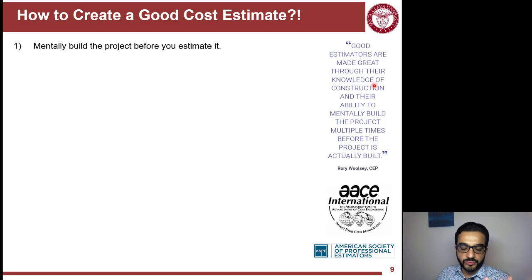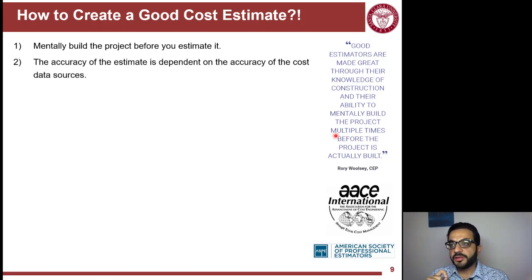So you visualize it, imagine how it's being put together, and reflect that in your estimate. So you have to mentally build the project before you actually put numbers for its cost. The second thing is the accuracy of the estimate is dependent on the accuracy of the data used. So always question the accuracy of the data you're using in your estimate.